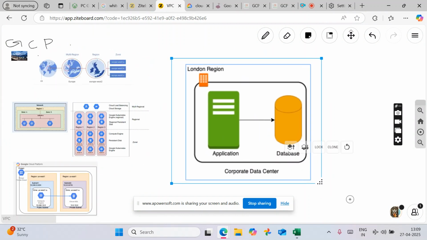So we know that a data center is a physical location where your infrastructure has been set up, which is typically called on-premise. Every organization initially started with on-prem.